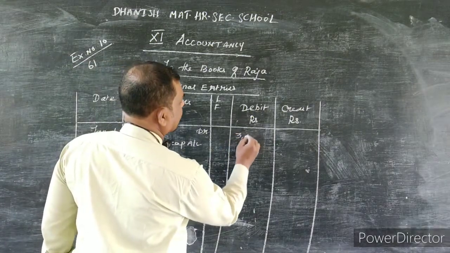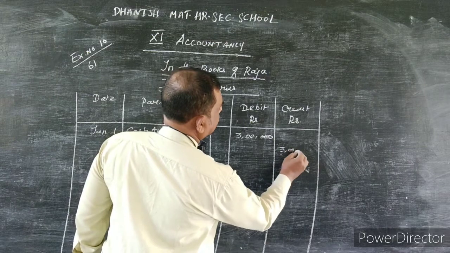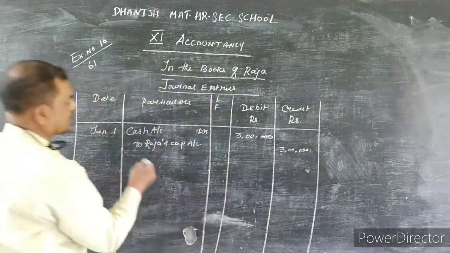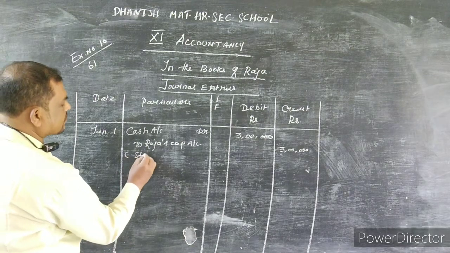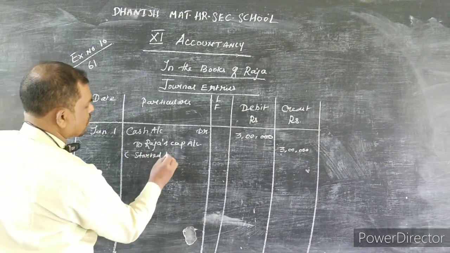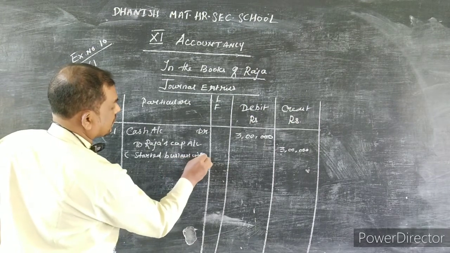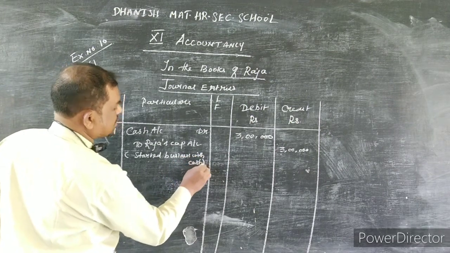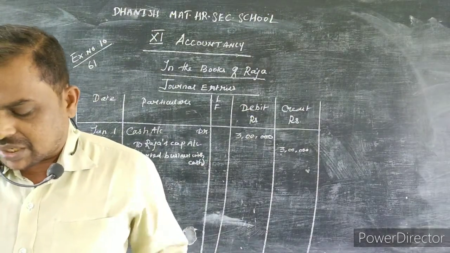The narration is: started business with cash. What is the second transaction?